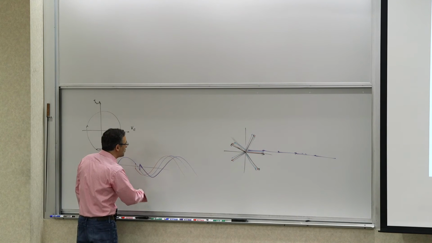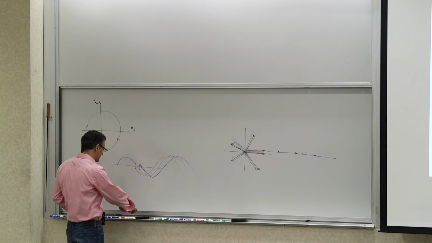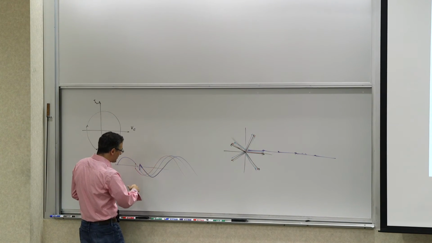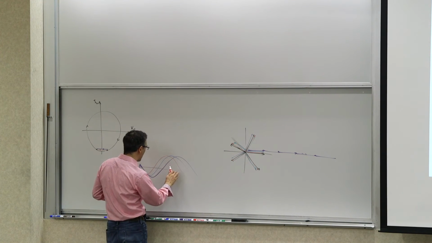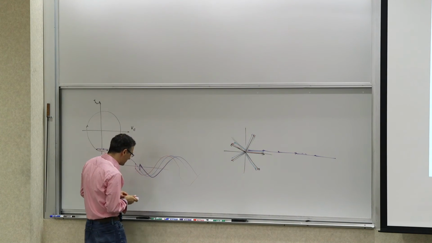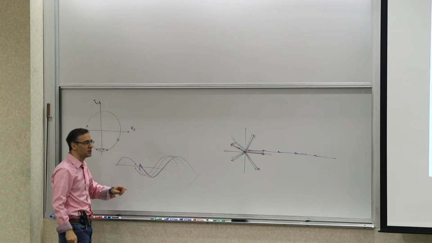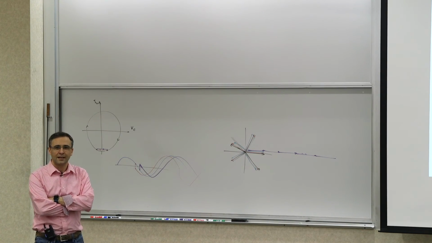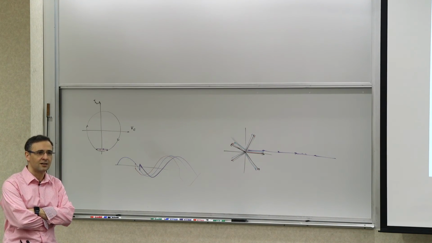So what if you do this periodically? What if instead of this blue waveform, imagine the red waveform, but you do it every time it gets to this point, and then you jump ahead. If you look at this, the red signal compared to the blue signal has a higher frequency, right?